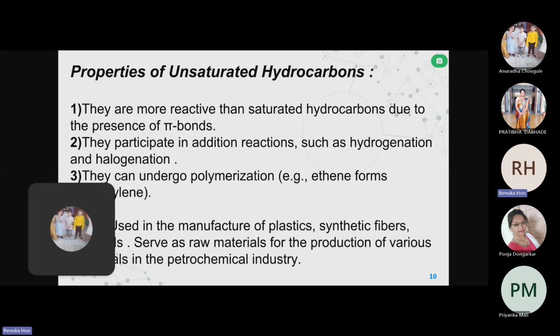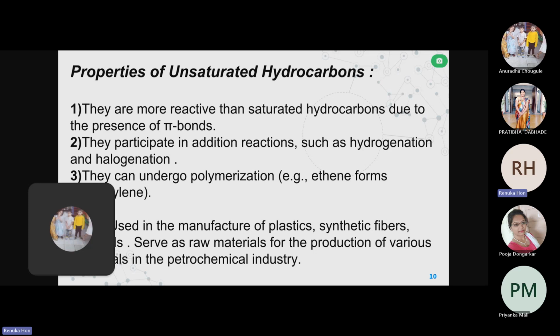The second property: they participate in addition reactions such as hydrogenation and halogenation. These are names of some chemical reactions which are addition reactions, meaning the whole reagent is added to the substrate.